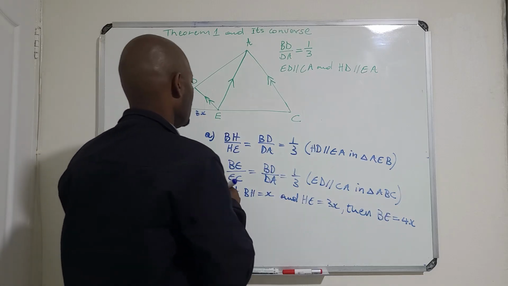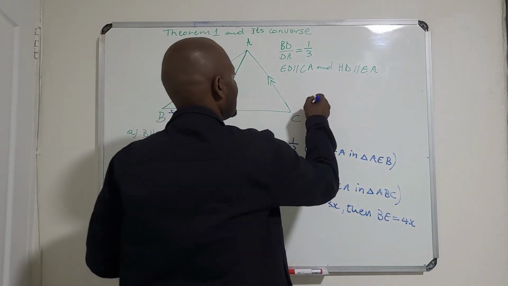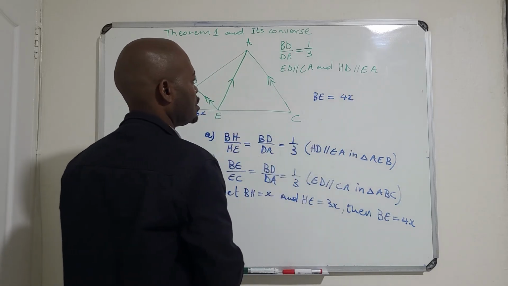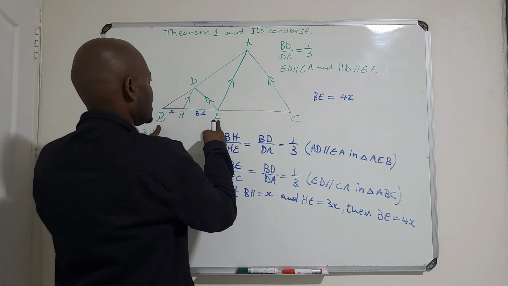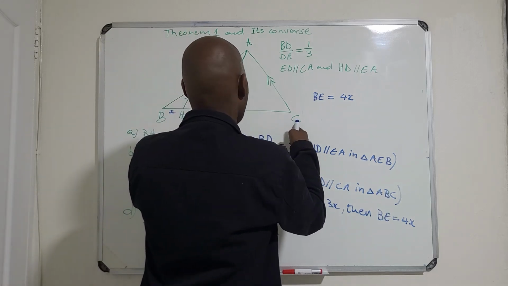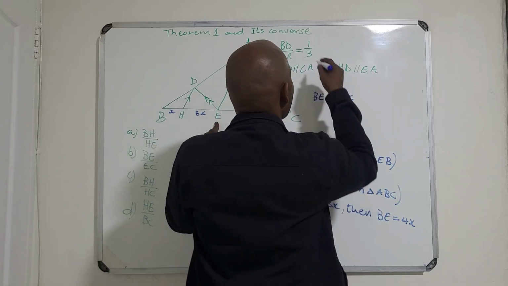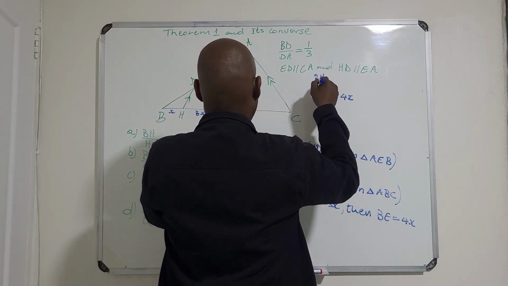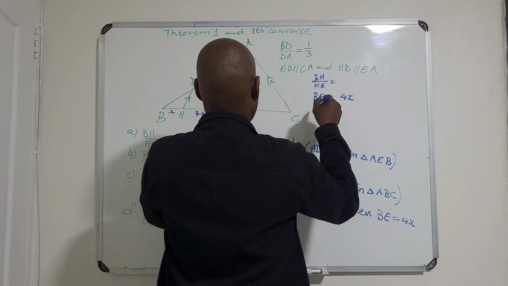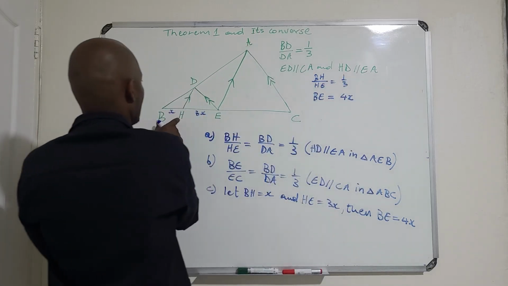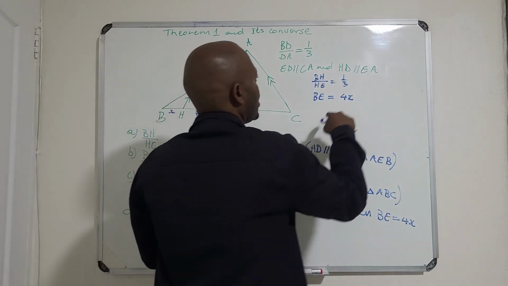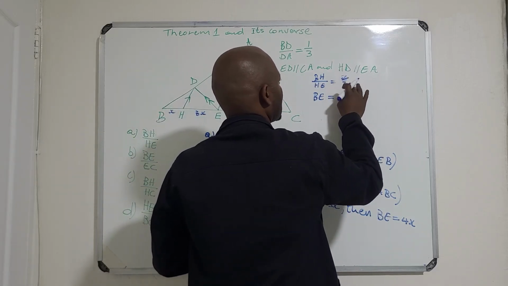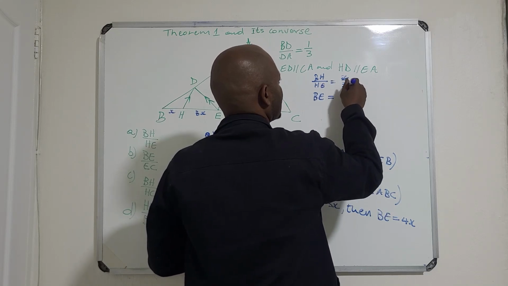Now, we know that BE is equal to 4X. So we need to know what EC is. If BH over HE is 1 over 3, we've just said this is X and this is 3X.